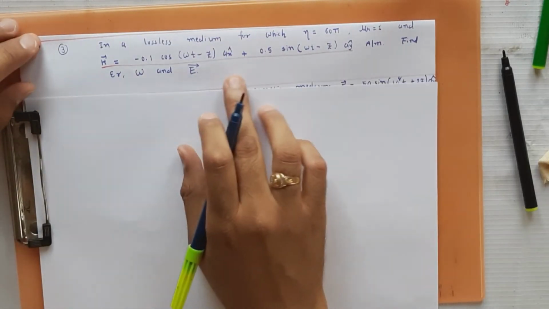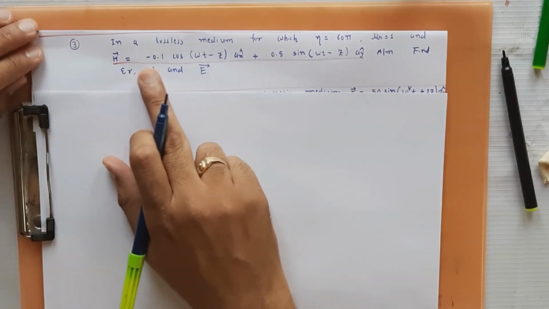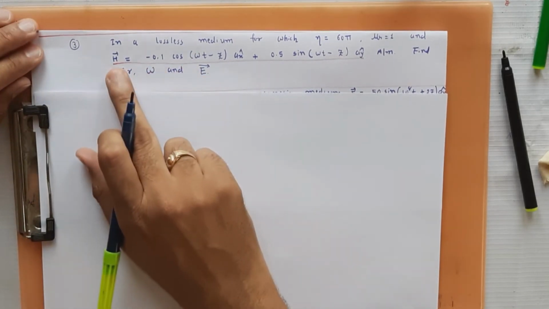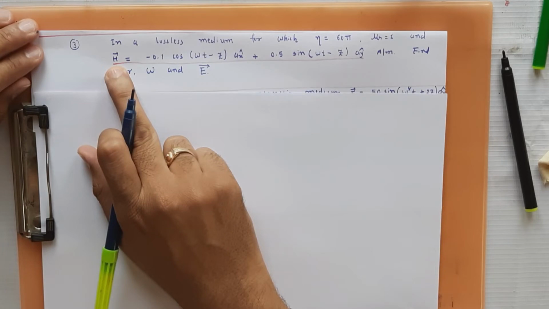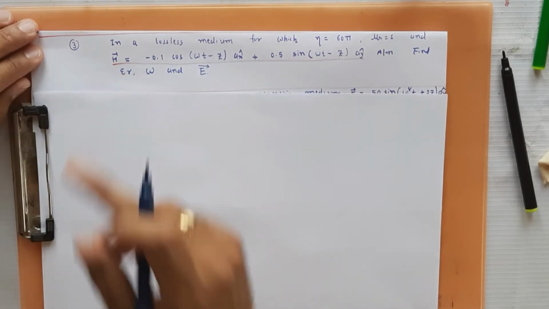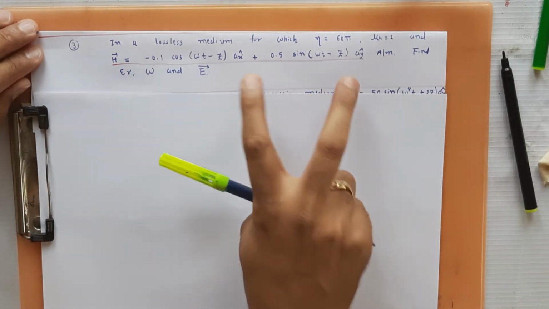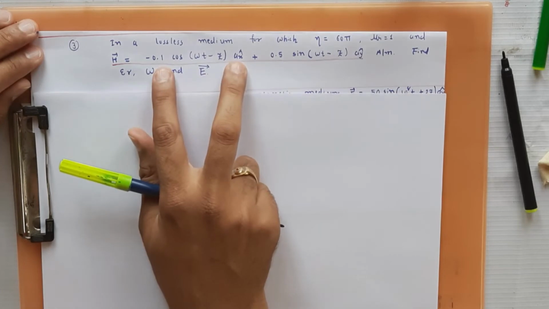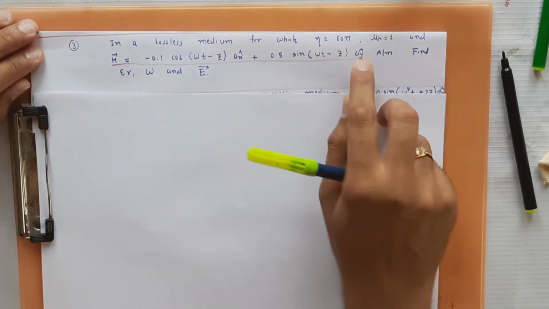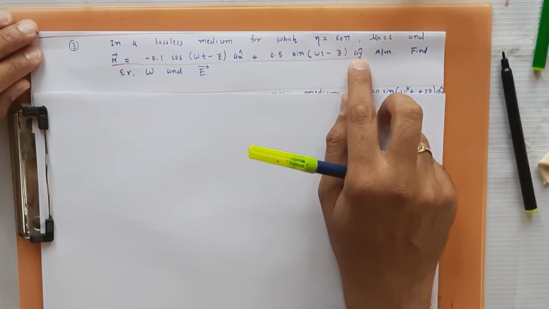Find epsilon r, omega and the E vector also, not only E. Here the H vector is given. It's a magnetic wave, and it is present in which direction? You can see it's not present in only one direction, either x or y. It is present in both directions. One component is in the x direction and the second component is in the y direction.